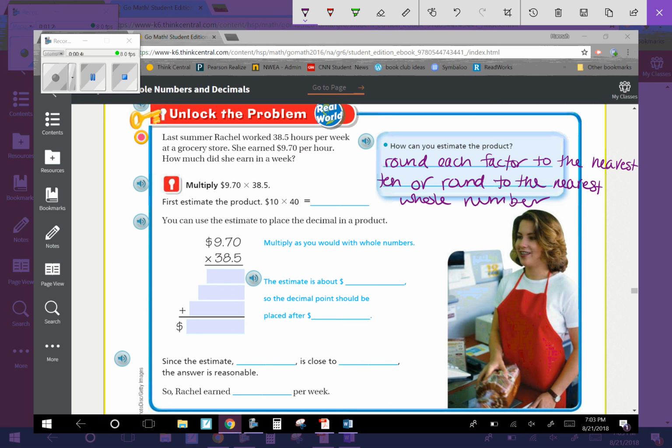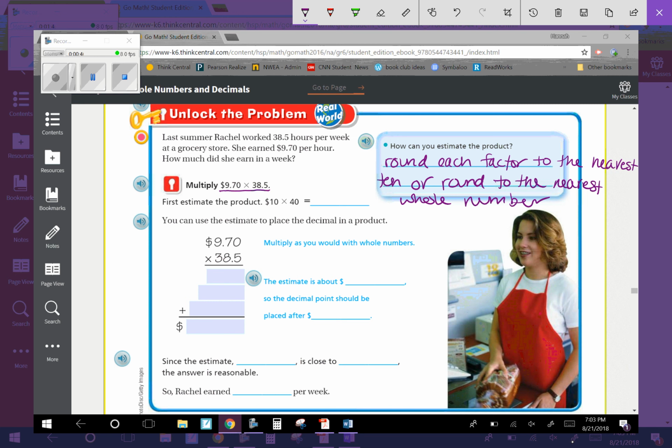So if I just round both factors to the nearest 10 or to the nearest whole number and then multiply. So on Unlock the Problem, we're going to multiply $9.70 times 38 and 5/10. So first estimate the product.